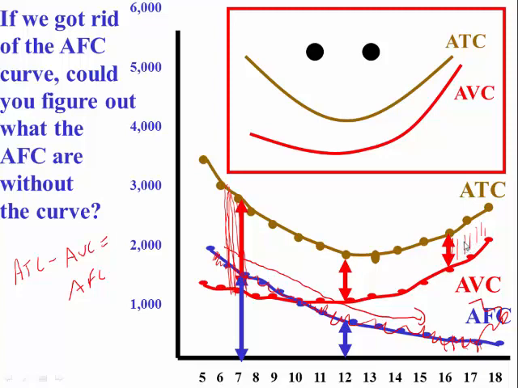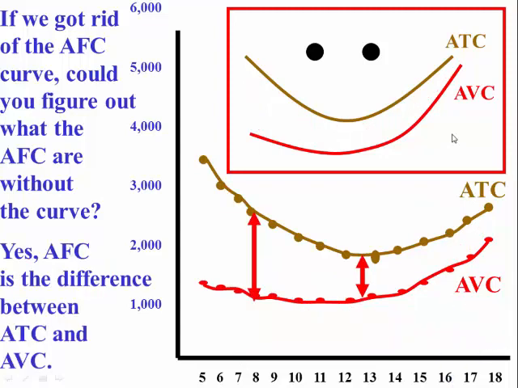So make sure you draw your ATC and AVC curves correctly. At first, they're far apart, but as you continue to produce more and more units of output, these get closer and closer together. So the difference between ATC and AVC is AFC.